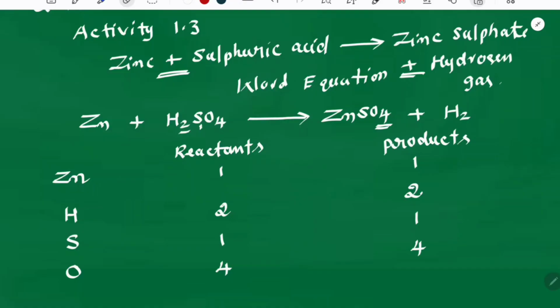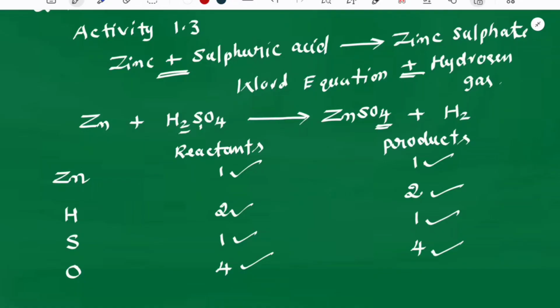Now we can say, is this equation balanced or not? According to this, this side one zinc, this side one zinc; this side two hydrogens, here two hydrogens; here one sulfur atom, here one sulfur atom; here four oxygens, here four. So the equation is balanced. Why?